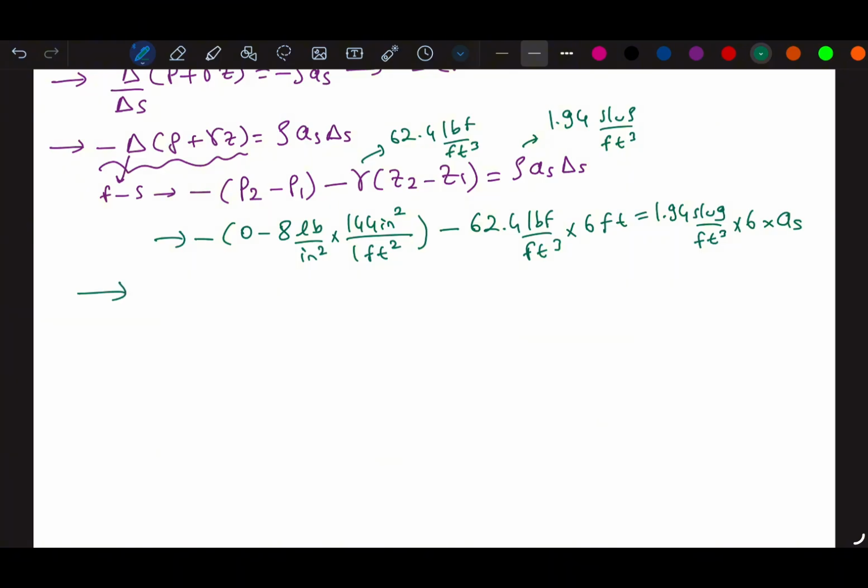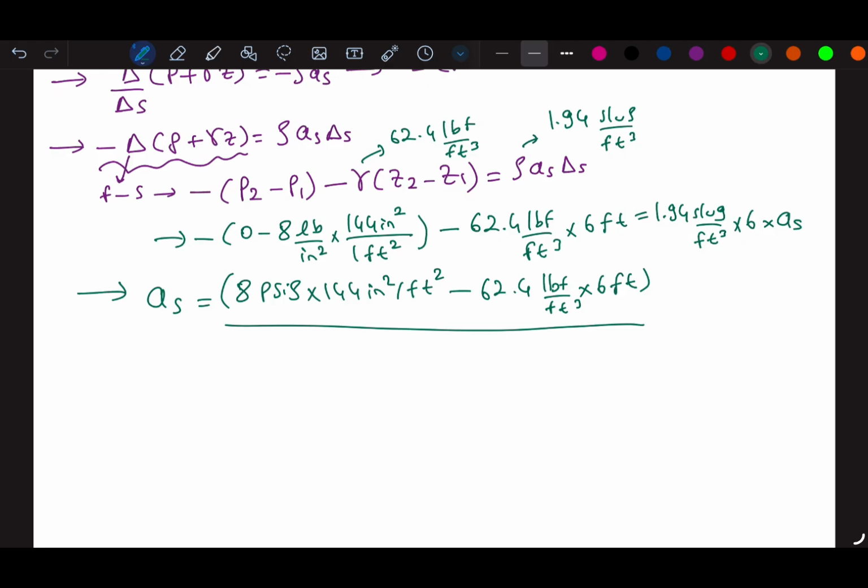And from there we can get acceleration as 8 psi g times 144 inch square over feet square minus 62.4 times 6 feet, over the right hand side, 1.94 times 6 feet.